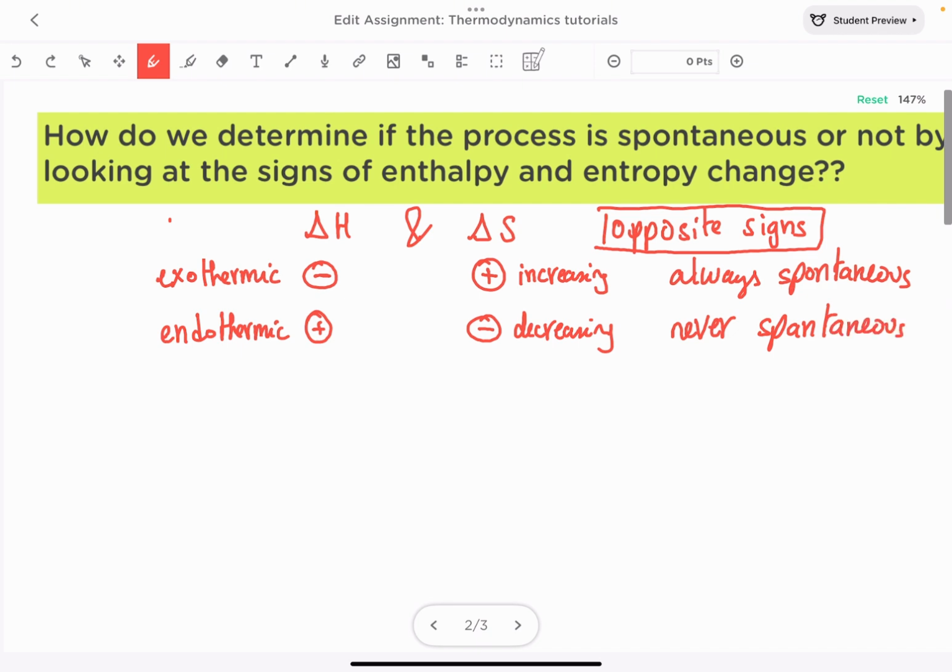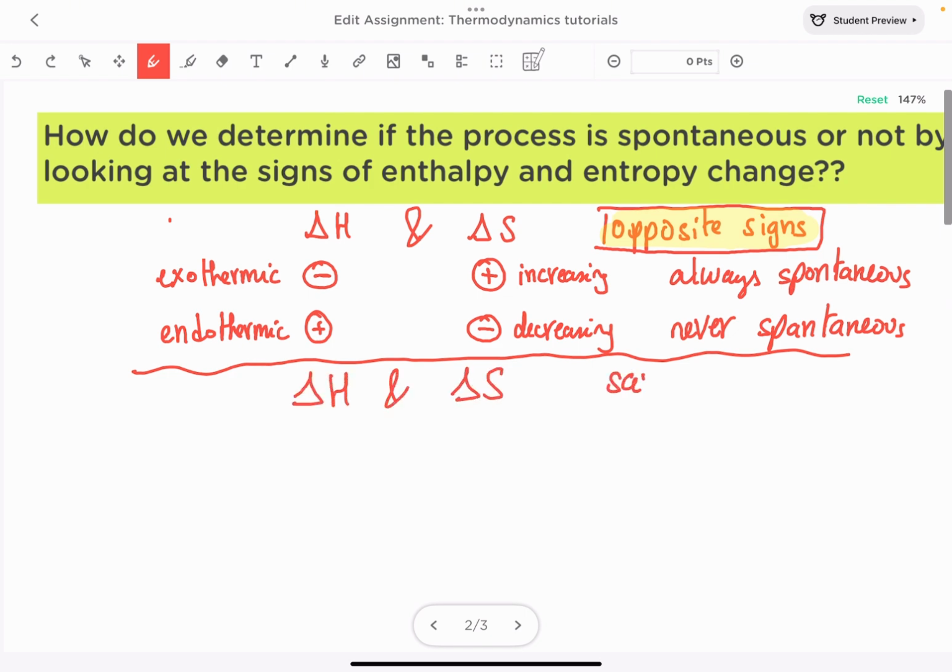So always look at the signs of delta H and delta S. And the first thing, ask yourself, do they have opposite signs or do they have the same signs? Now, let's look at what happens if delta H and delta S have the same sign. It means both of them are positive or both of them are negative.